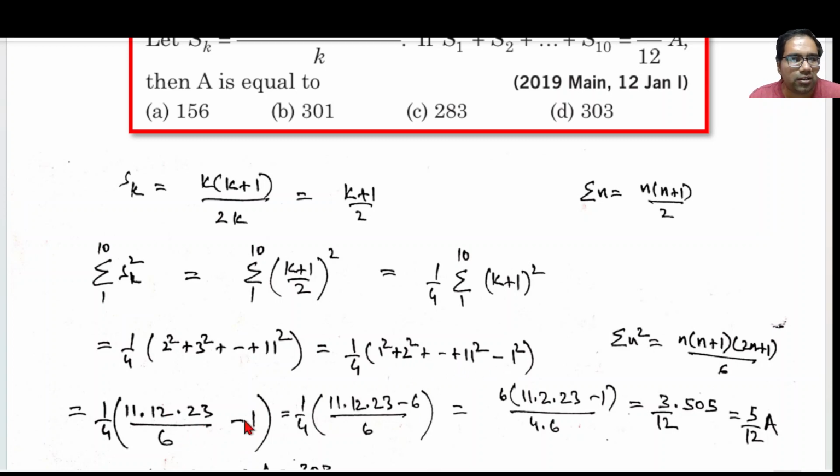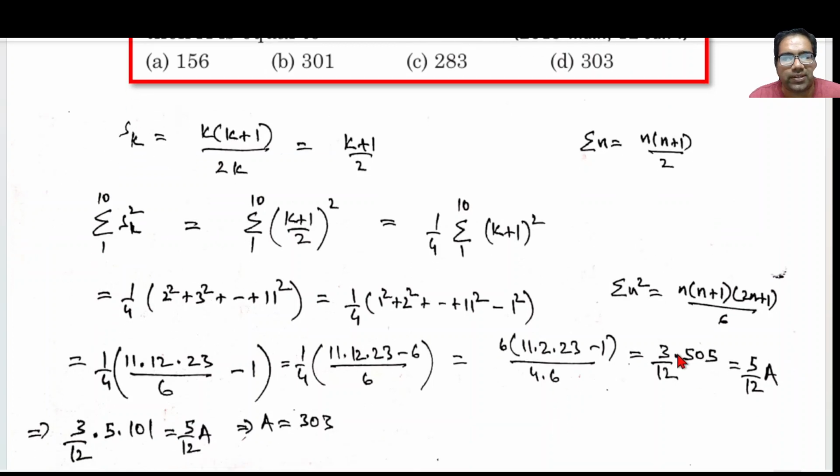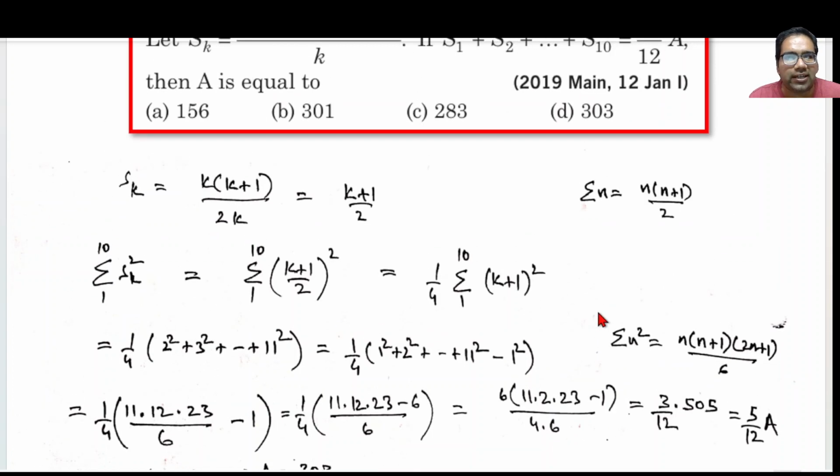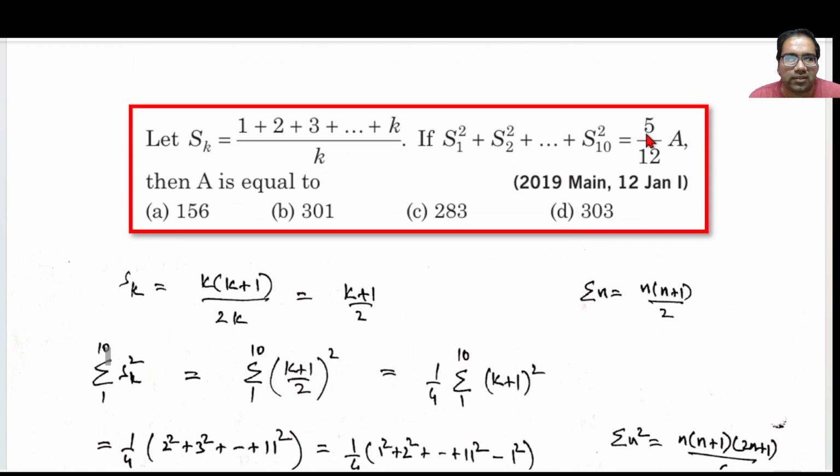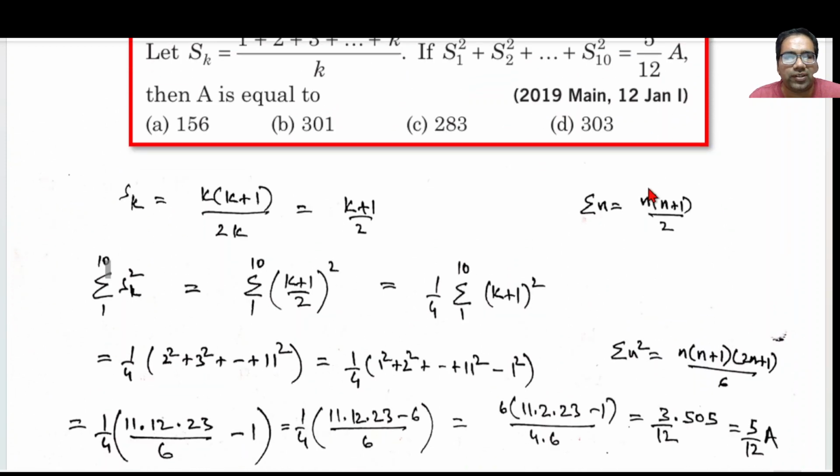Now, this 6 we can also take into the numerator: 11 into 12 into 23 minus 6. So this 6 we can take common. There is a 12 here, so if we take 6 common, then 11 into 2 into 23 will be left, 11 into 2 into 23 minus 1. Now on the right-hand side, we want 5 by 12, so we want 12 in the denominator.